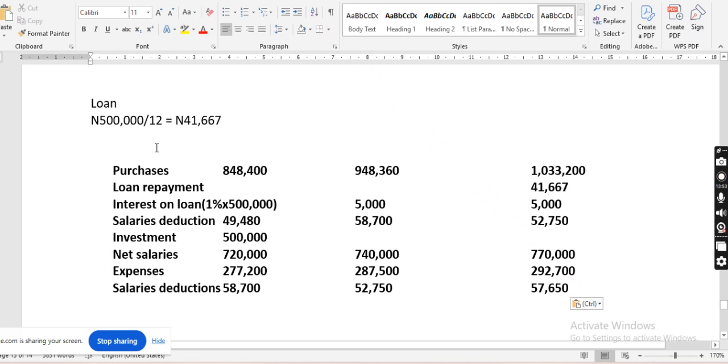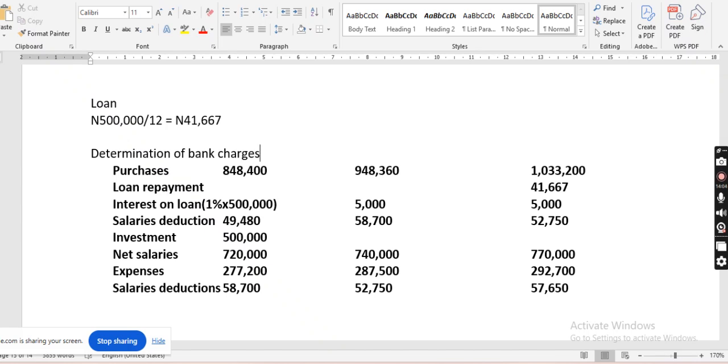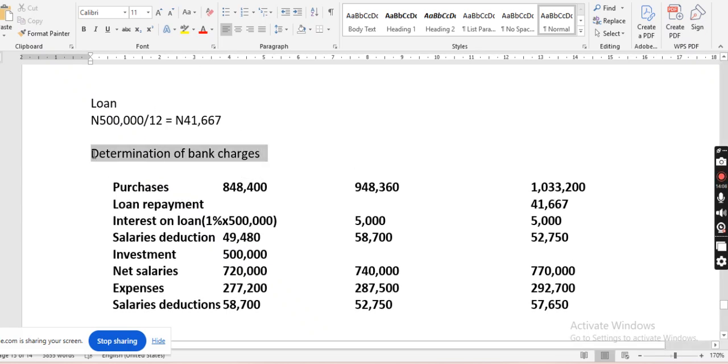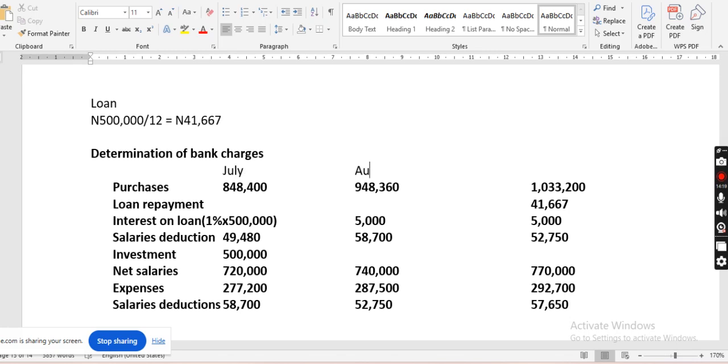So, determination of bank charges. This is for each of the months, right? This is July, August, September.